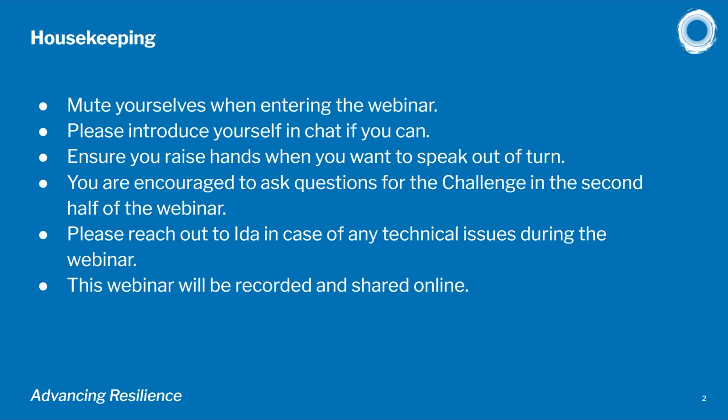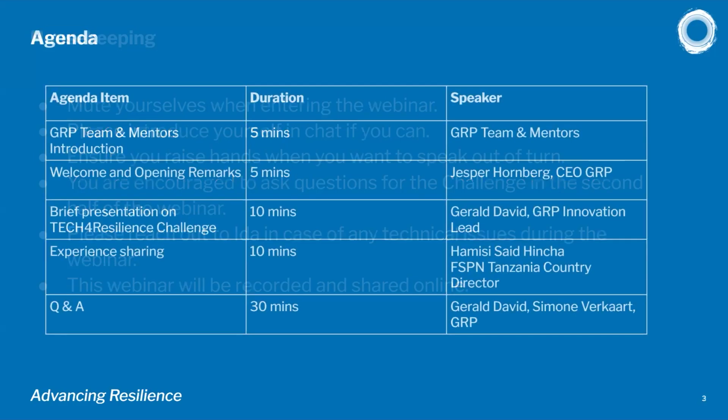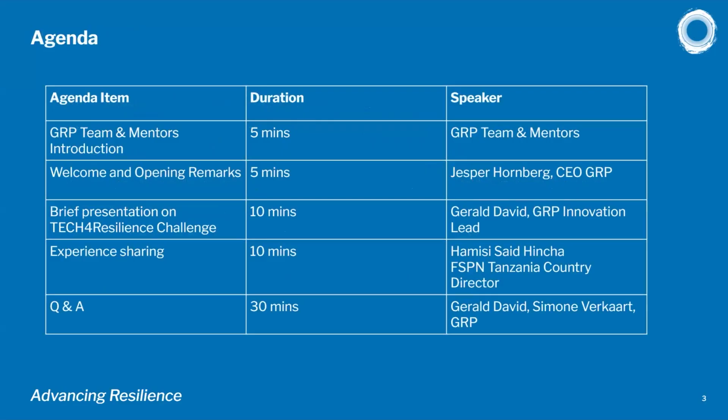For that, I'll just introduce a little bit of agenda. So we've had an intro, and then we'll have an opening remark from our CEO, Jesper. You've just heard from him. I will also be providing you with a context about the Tech for Resilience, guidelines for applications, eligibility, and also anything else. And then we will have an experience sharing from one of our previous winners of the Innovation Challenge within GRP.